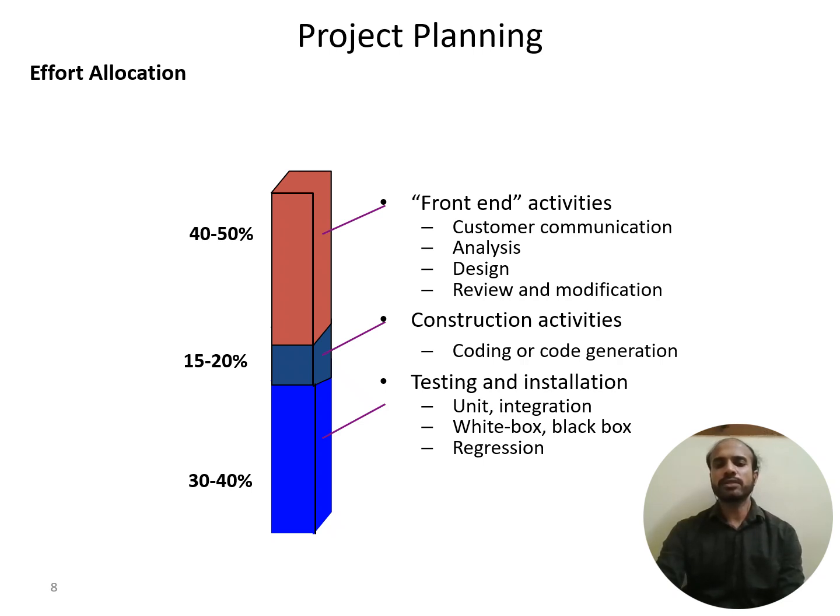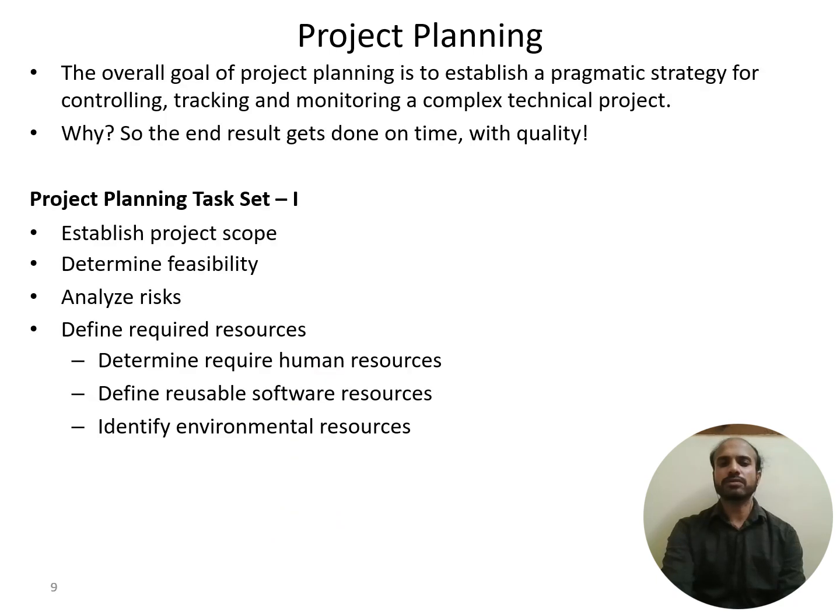Then finally, testing and installation, wherein different types of testing like unit testing, integration testing, white box, black box testing, then regression testing. For all this, resources need to be allocated accordingly. That is front end 40 to 50%, construction activities 15 to 20%, testing and installation 30 to 40%.